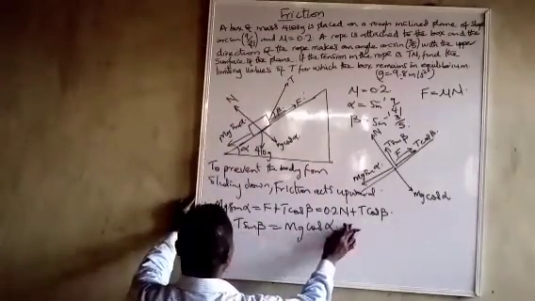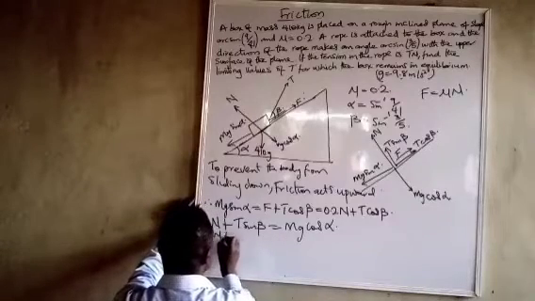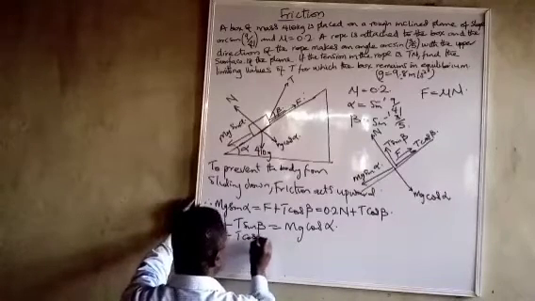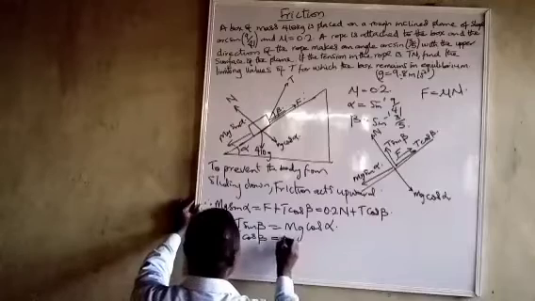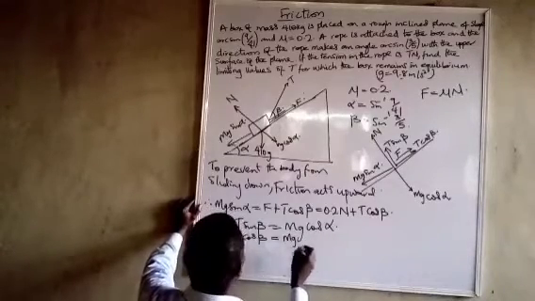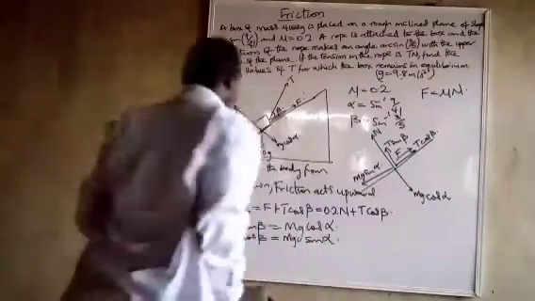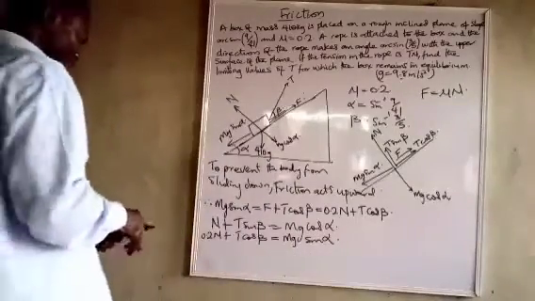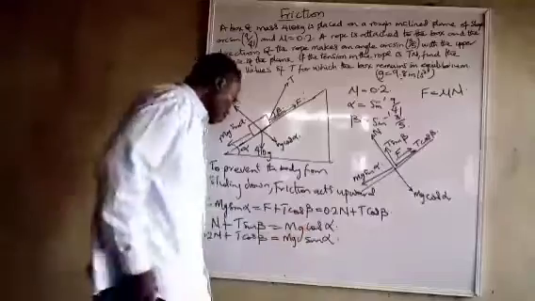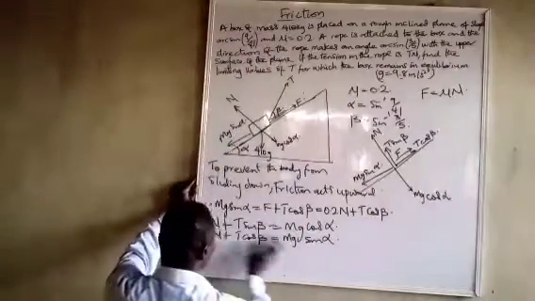So I have 0.2 N plus T cos beta is equal to mg sine alpha. Let me multiply this one by 5 to make it the same.